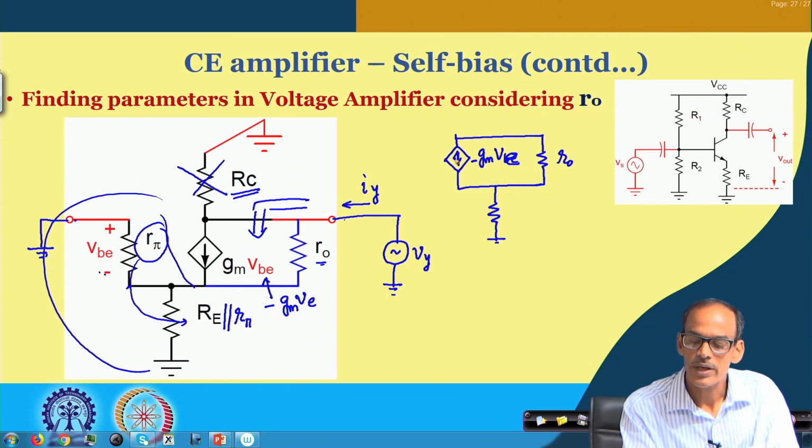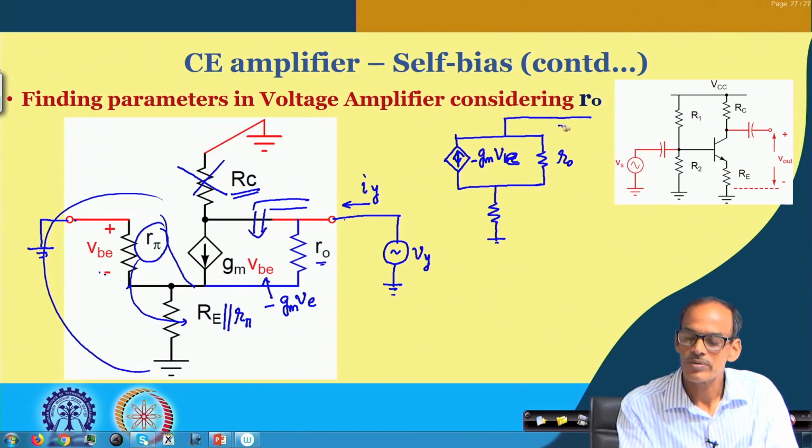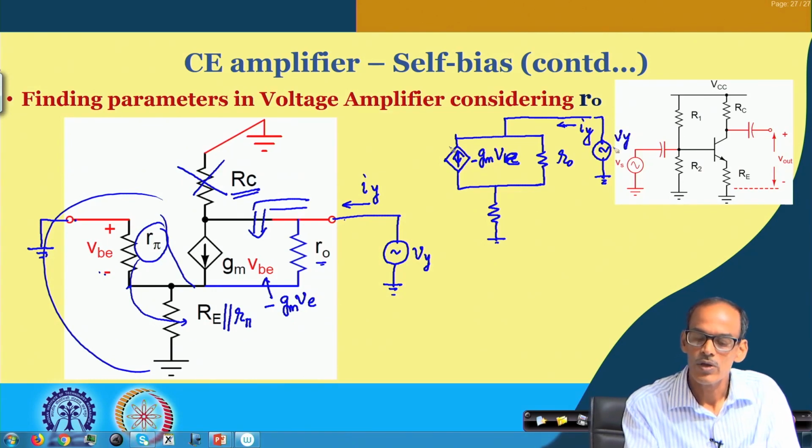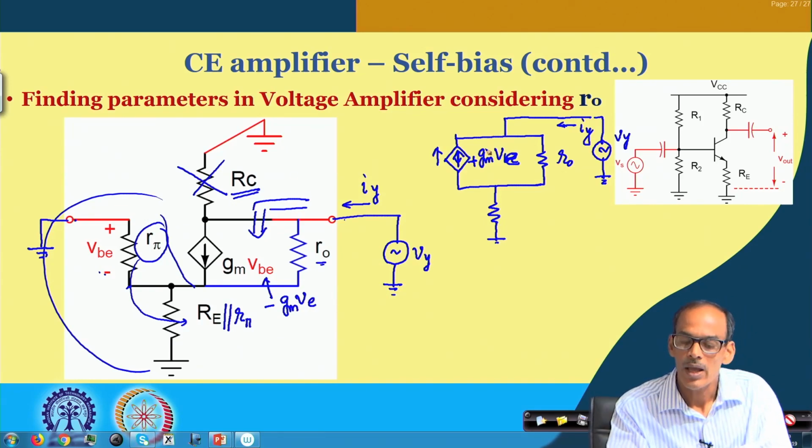Or we can put the current direction the other way, and call the current flowing Iy, with the corresponding stimulus Vy. Since we have changed the current direction, we need to put the plus sign here. And VE is the voltage at this point, across the resistance Re in parallel with rπ.